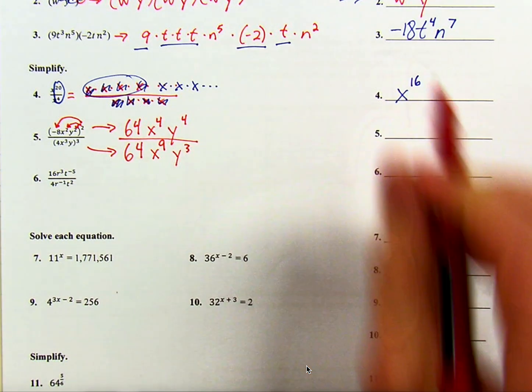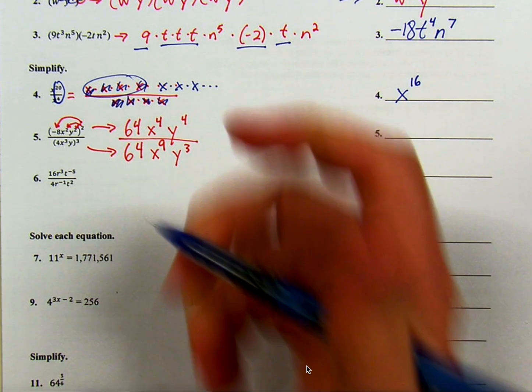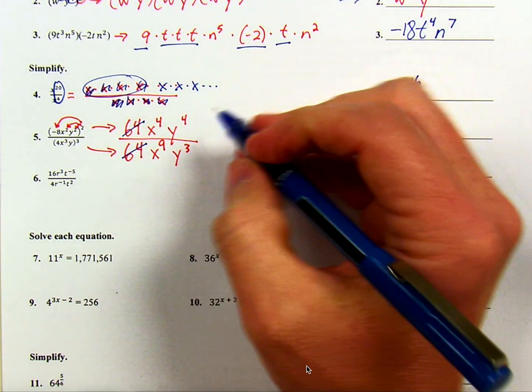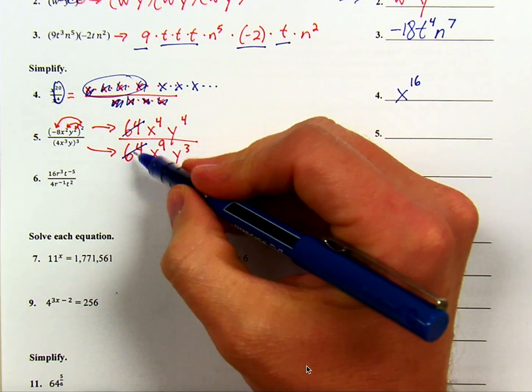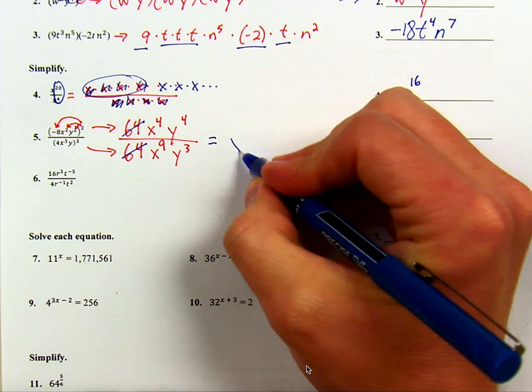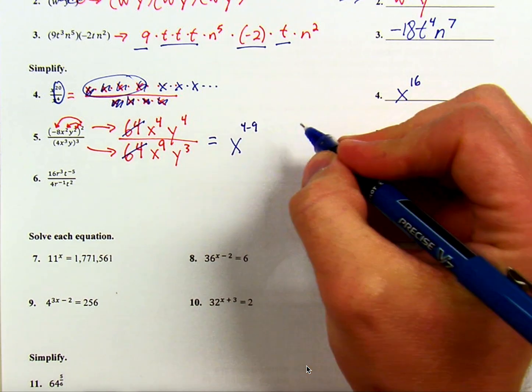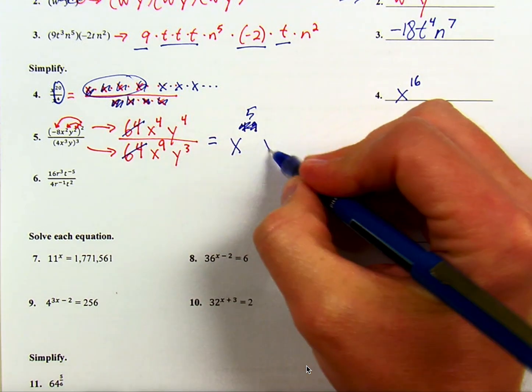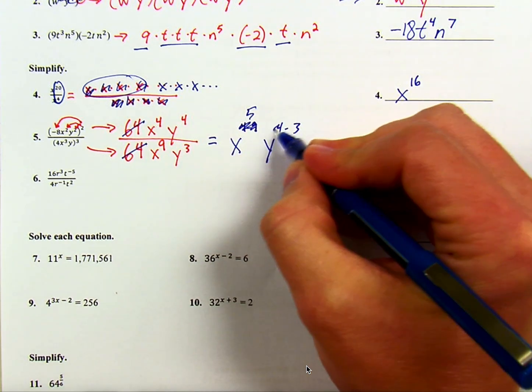And now I'm going to realize that 64 divided by 64 is 1. Those are gone. It's going to be x to the 4 minus 9, which is 5. And then y to the 4 minus 3, which is 1.